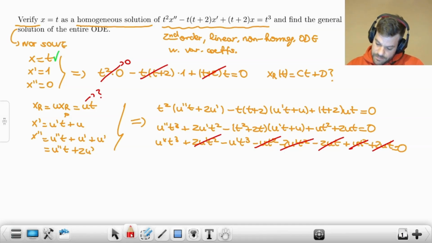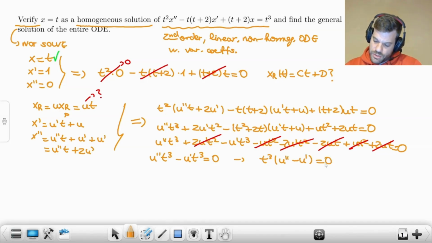So all of a sudden everything gets simplified to u double prime t cubed minus u prime t cubed equals 0. Factor out t cubed times u double prime minus u prime equals 0, and here we have two options.